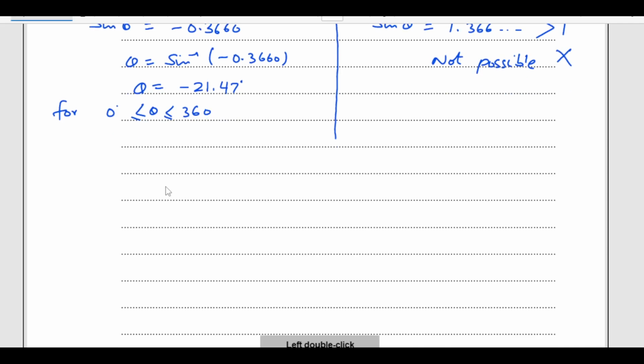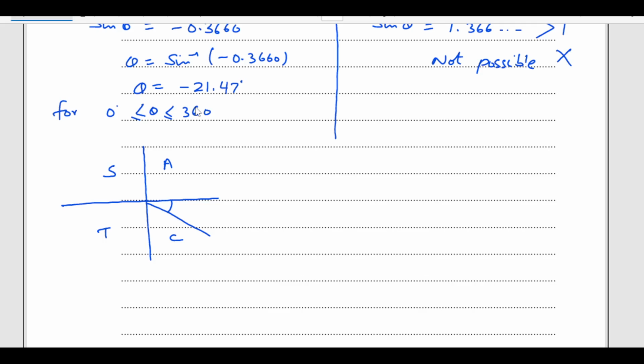First of all, I will make the quadrant here. We have after school to college: all positive, sine positive, tan positive and cos positive. This negative theta, negative 21.47, will be here.